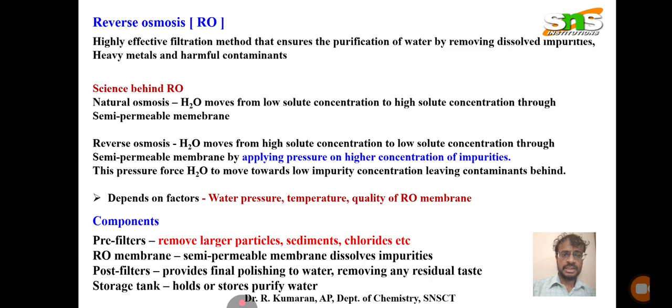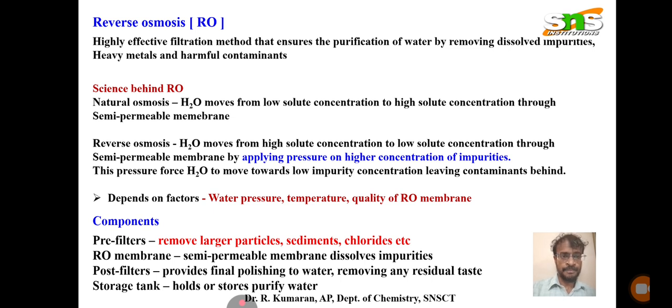In reverse osmosis, H2O moves from high solute concentration to low solute concentration through semi-permeable membranes such as polymer or cellulose acetate, by applying pressure on the high concentration of impurities at a desirable temperature.